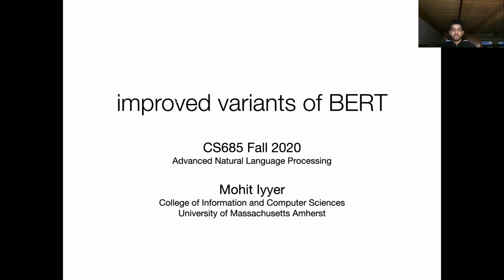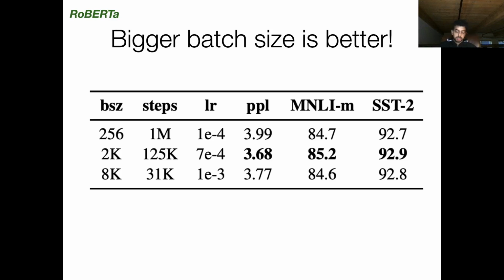Okay, cool. So first of all, let's move to the first point, which was the bigger batch size is better. And so here you can see three different batch sizes, 256, 2000, and 8000. And so they're controlling for the same number of examples seen by the model. So you can see that the number of steps has decreased as the batch size increases, so you can run a pretty controlled experiment. And if you look at the downstream performance here, so we have MNLI, which is a classification task, and SST, which is a sentiment classification task.